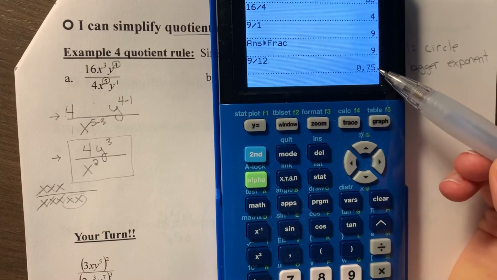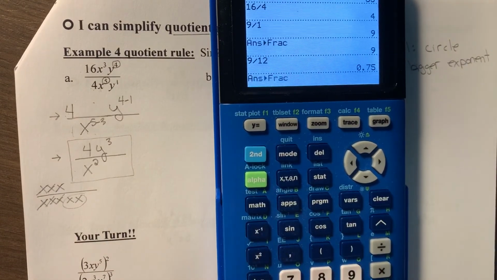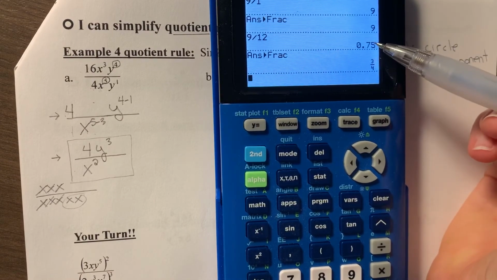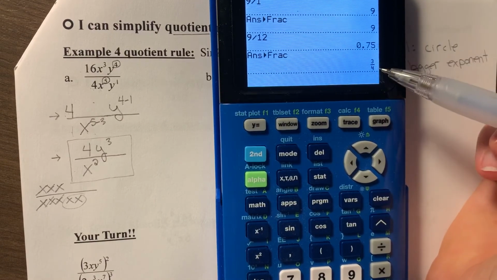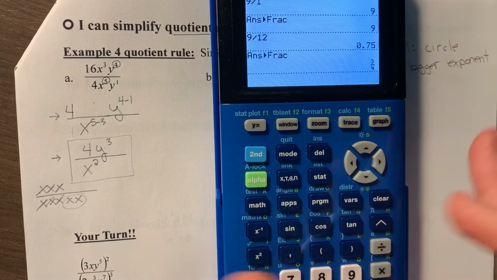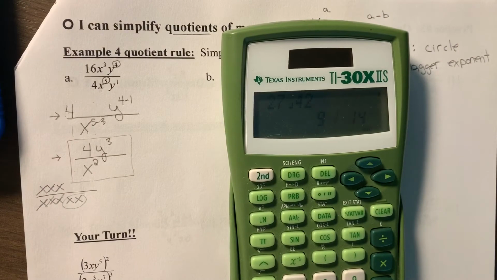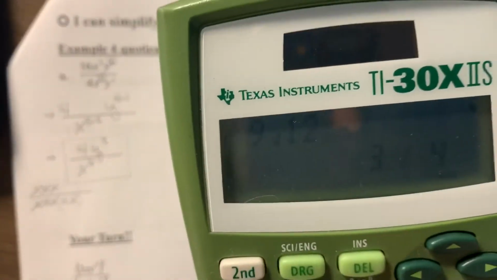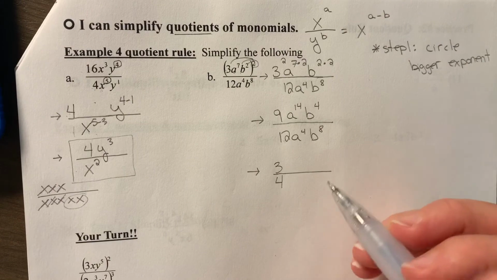I get a decimal. Do your math, enter, enter, turns it into a simplified fraction. Or, on this calculator, I do 9, ABC button, 12 equals 3 over 4. That one's really hard to see, but you get 3/4. Okay, so there's my simplified fraction.